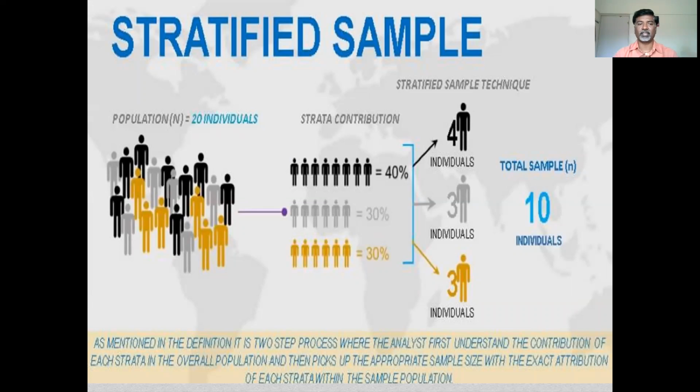That makes 10. So in stratified sampling, we divide the whole population into a number of strata which have unique characteristics and identifications. On the basis of those strata, we select samples either by a fixed quota or by using the proportionate sampling method.